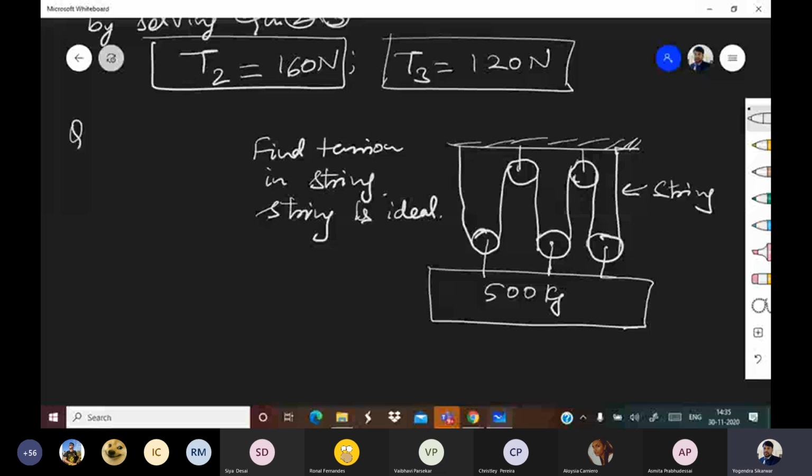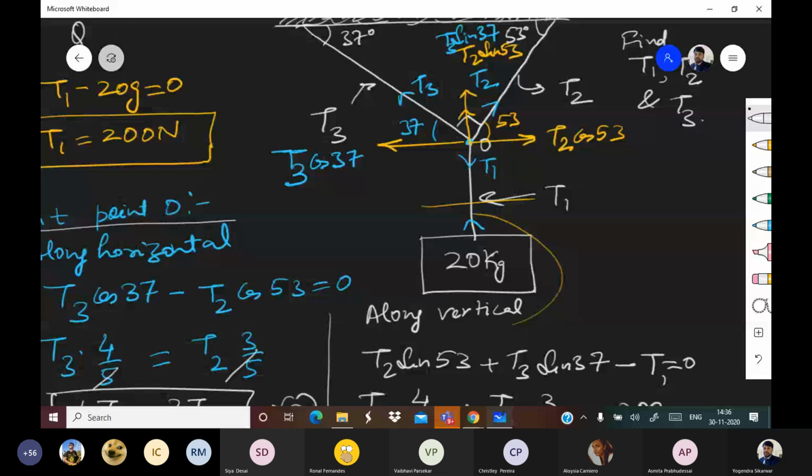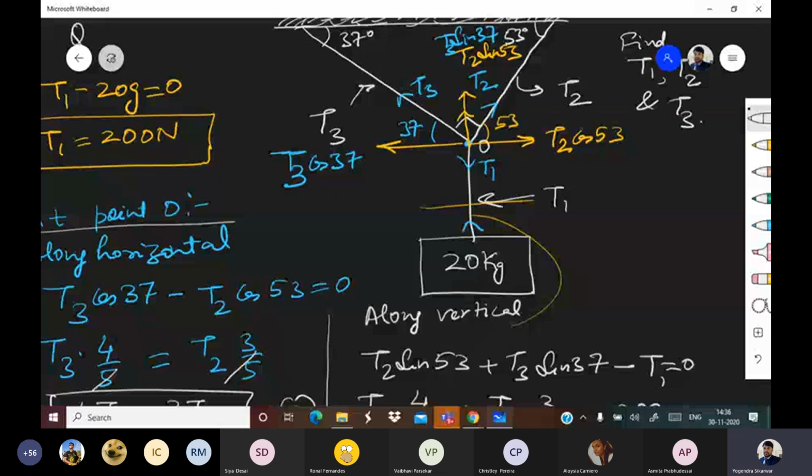Yes, Vedant, ask. Okay, pay attention. At point O, what is happening? This force is acting upward, T3 sin 37.